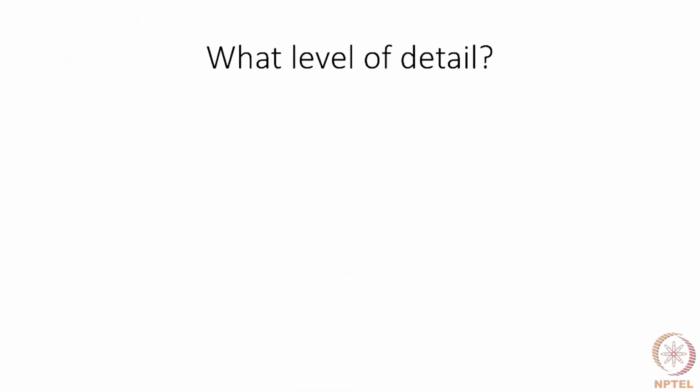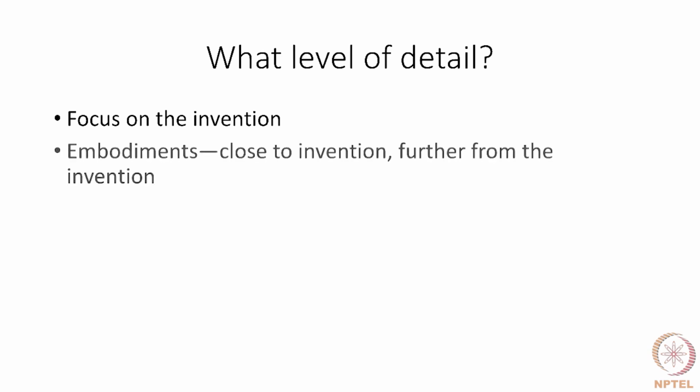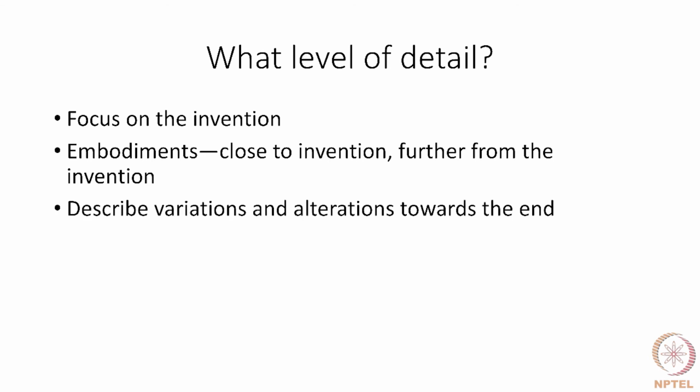Now, what is the level of detail to which the detailed description should go? Now, it has to focus on the invention and the embodiments or the different variants that the invention has. You can describe the ones closer to the invention first and then describe the ones that are further from the invention. Now, you can describe the variations and alterations in the invention. You can cover the broad range of equivalence.